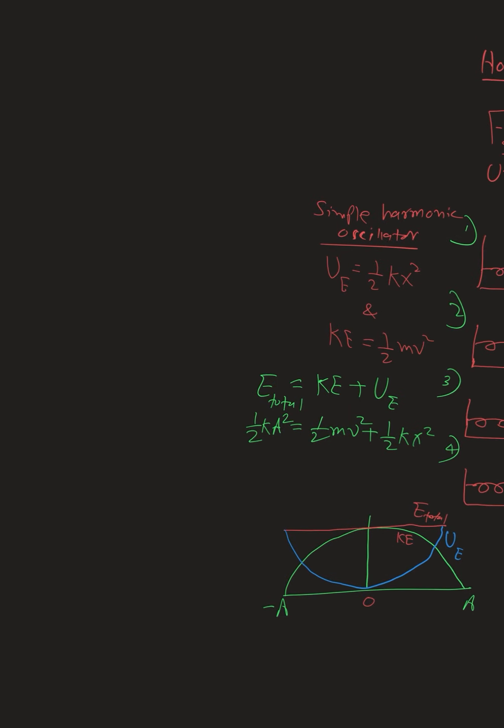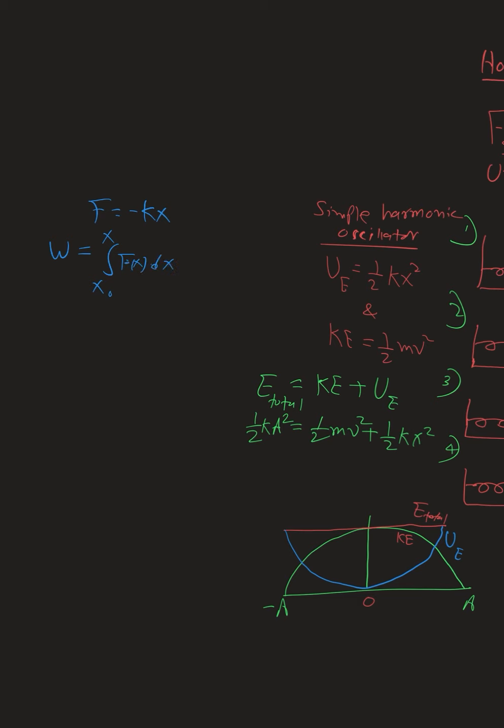So we know one relationship, which is F equals negative kx. And we also know the work done from our energy unit. If I want to move the spring block system from one position to another position, I have to apply a force. And that force times the distance is considered as work done.